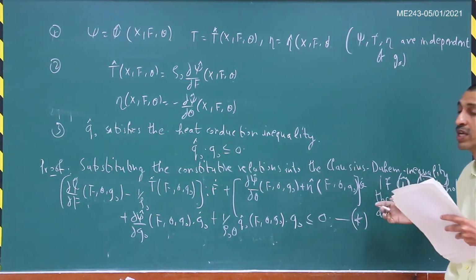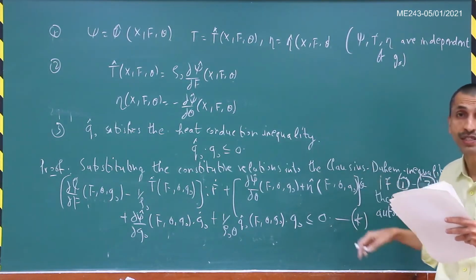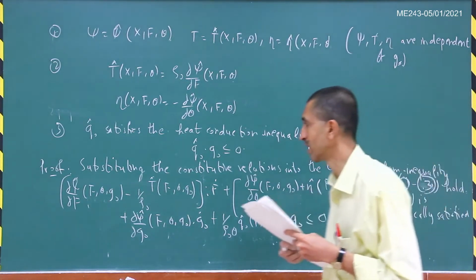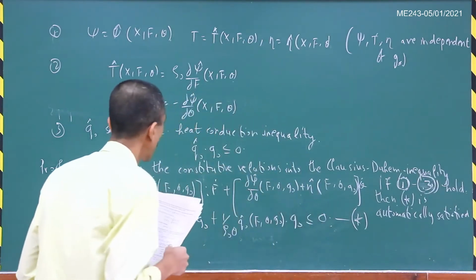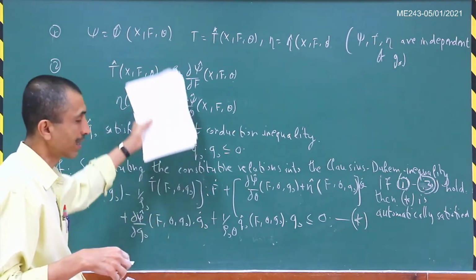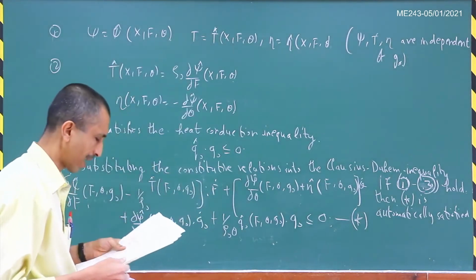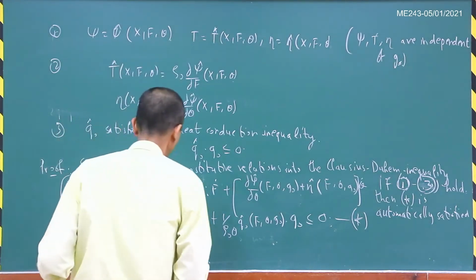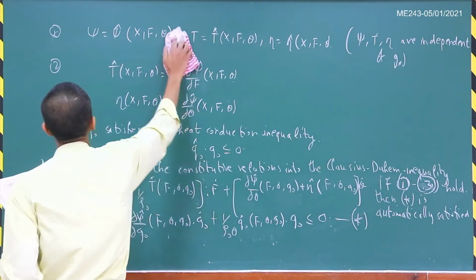Now we need to prove the necessity of these conditions, and that is the difficult part of this particular proof. So now we need to show that if star holds, then these three conditions are satisfied. Let us try to show that. That is the next step now.